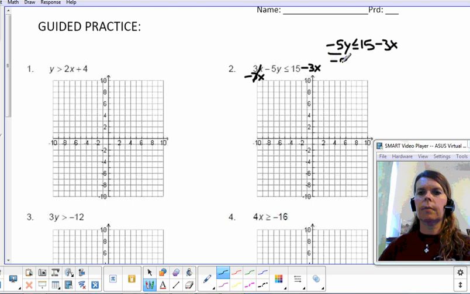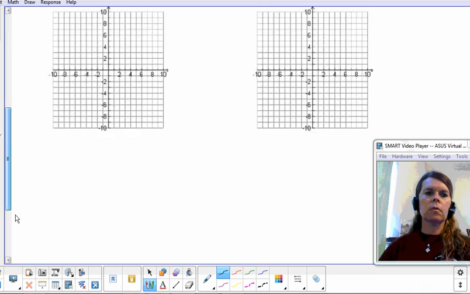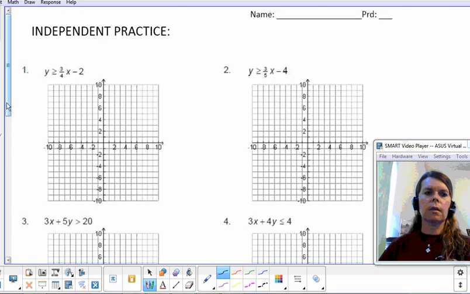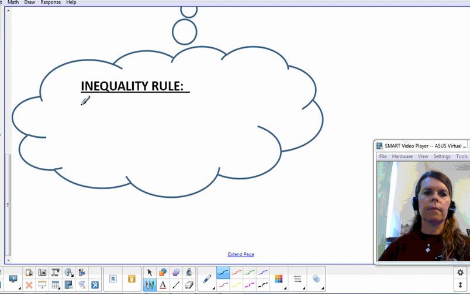Now remember, when you divide by a negative, what do we need to do? I thought I put that bubble on this page, but I think it's on the next page. If you go to the next page real quick, you need to write in this bubble what you need to do. If you look back to the front page, you can just copy it or write it in your own words.